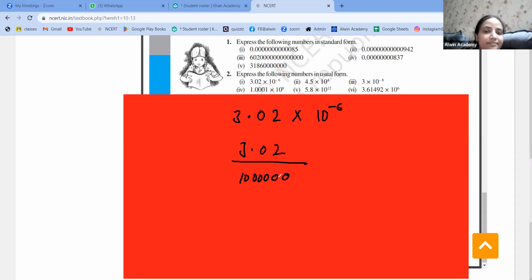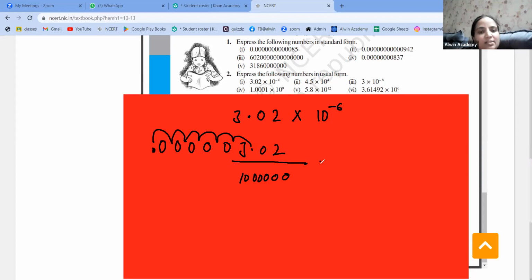Got it or not? Now when this is the denominator with 6 zeros, that means you'll move the decimal point 6 steps backward. 1, 2, 3, 4, 5, and 6. And the decimal point will land here. But because there are no numbers, you'll add zeros in these jumps.